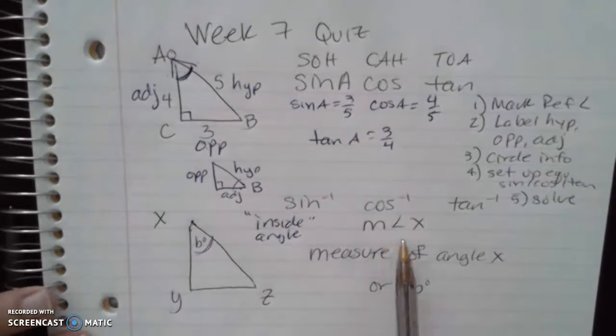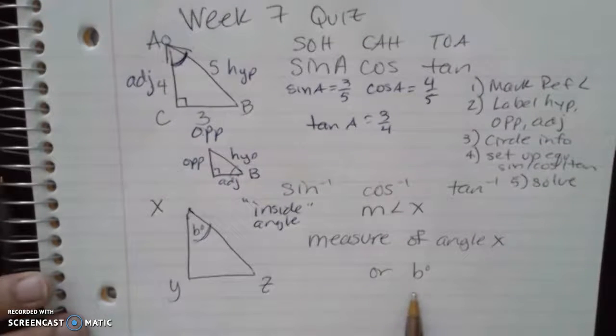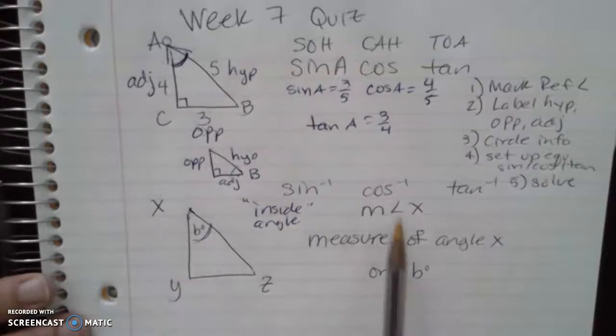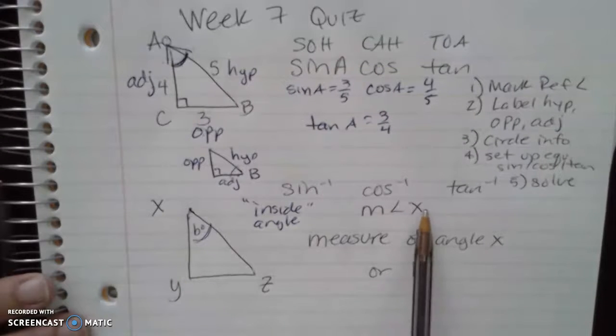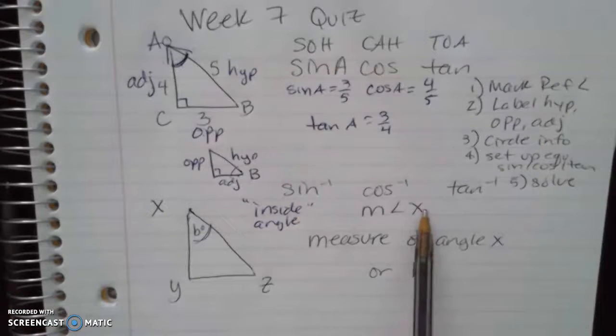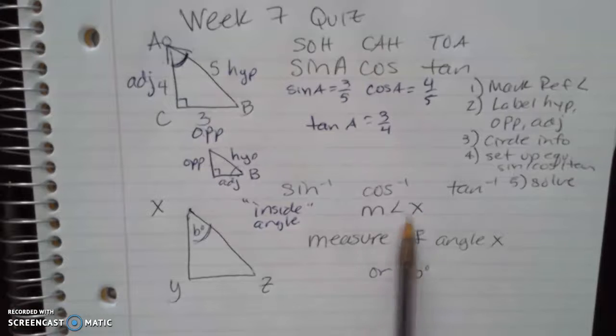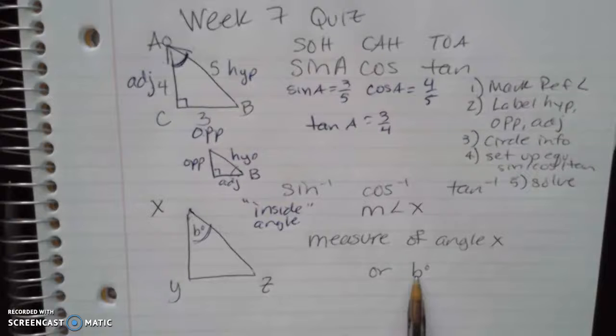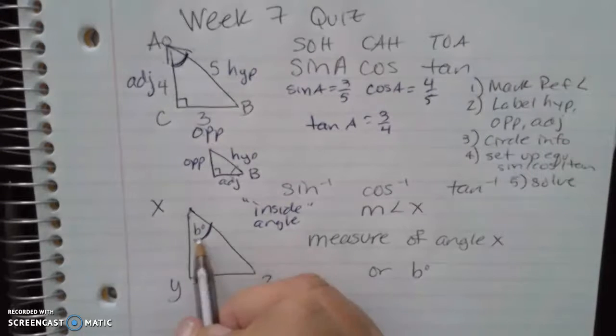It could also be written in words: measure of angle x, or it could be find b degrees, and see how b is listed on the inside. All 3 of these notations, measure of angle x written in mathematical symbols, written out in English, measure of angle x, or b degrees, all 3 of these reference this angle.